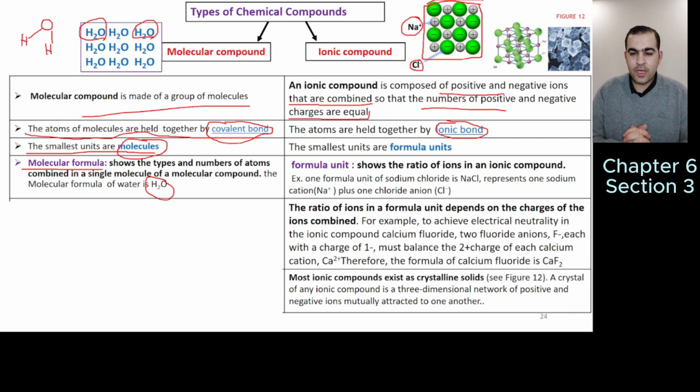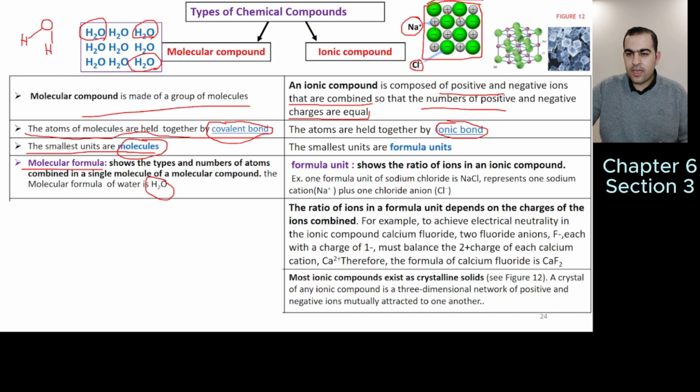Ionic compounds are not made of individual particles, like molecular compounds, which are made of individual molecules. Here they are not made of individual particles because they have all bonded with each other.